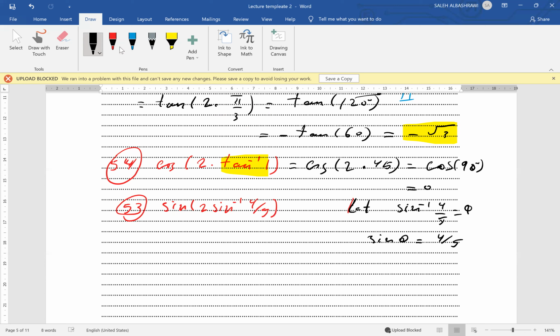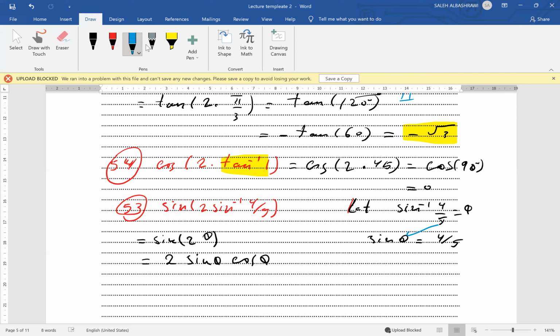So now this will give me sine of 2 multiplied by theta, or sine 2 theta. So I'm going to use the double angle identity. This is equal to 2 sine theta cosine theta. Sine theta is already given.